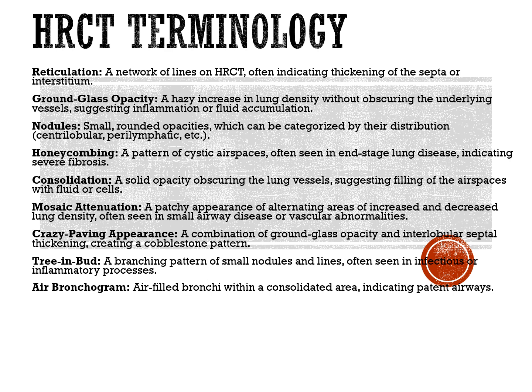Tree in bud is a branching pattern of small nodules and lines, often seen in infection and inflammatory processes. Air bronchogram is air-filled bronchi within a consolidated area, indicating patent airways.